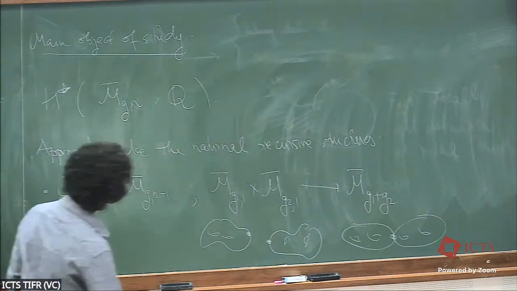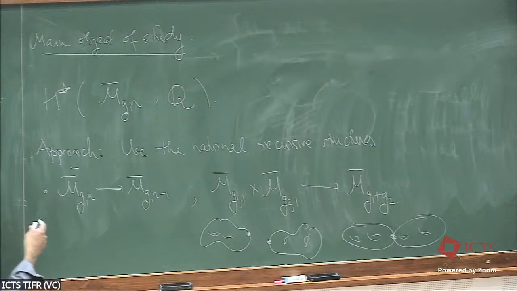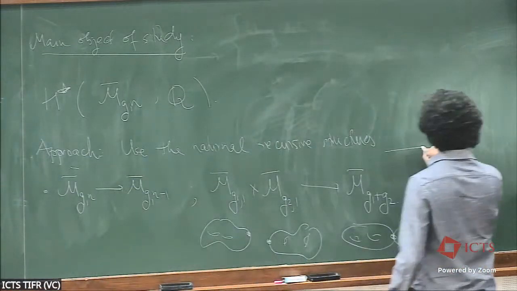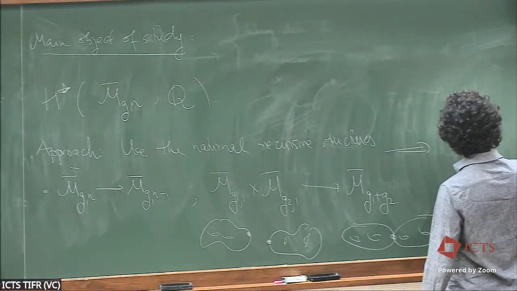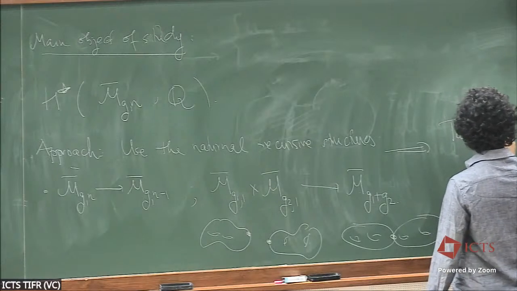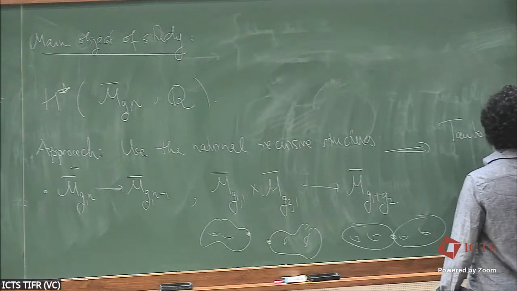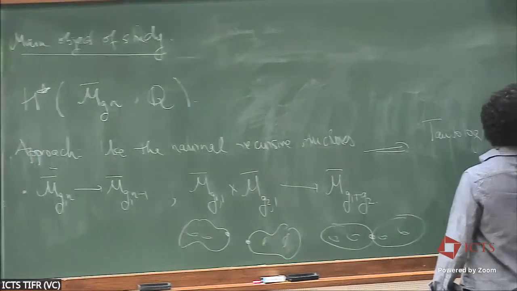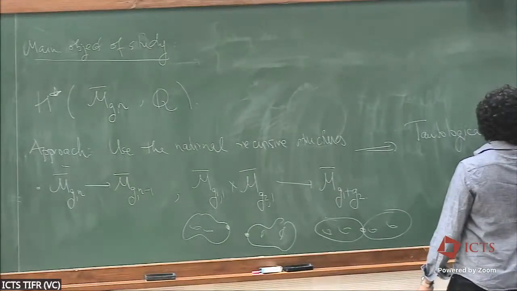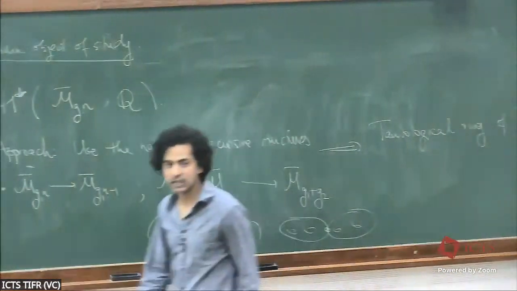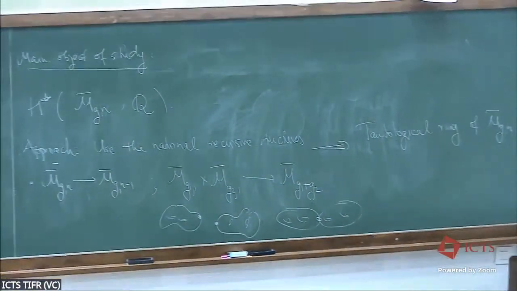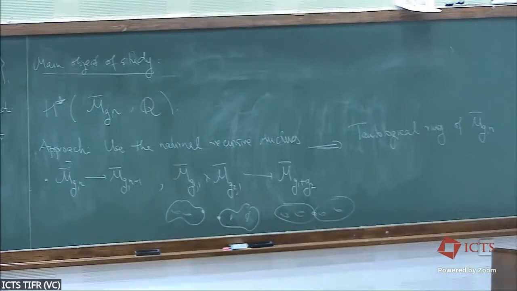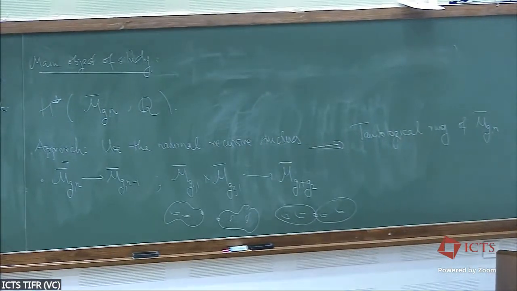The collection of all of these together is what will define the outcome of all of this, an object called the tautological ring of M_g,n bar. So my goal is to tell you some things about the tautological ring. That's my goal for these lectures, and we'll use Gromov-Witten theory to do it. Okay, so let's stop there.